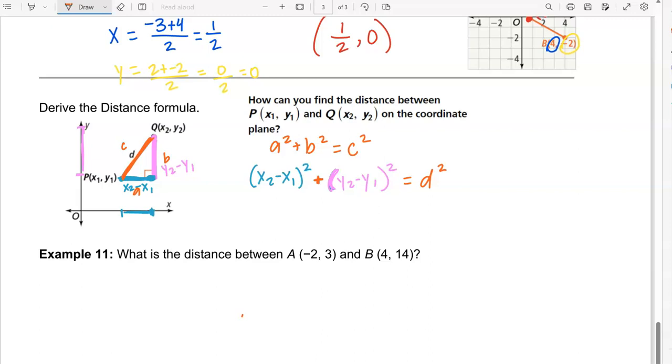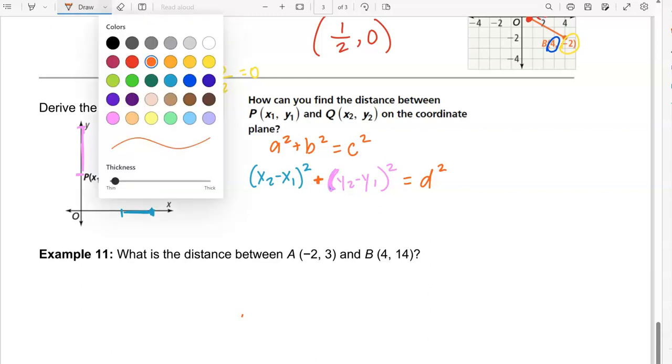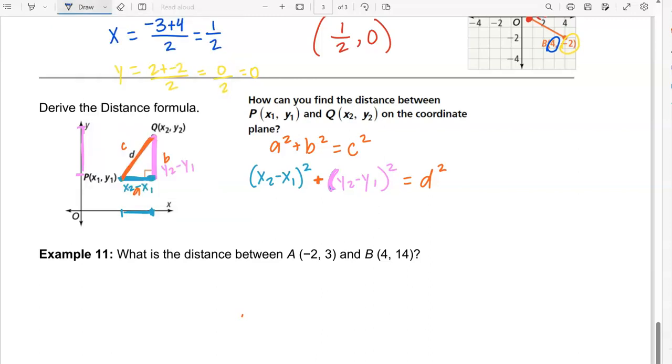Now, what if we wanted to find our distance completely by itself? We want distance to be alone. Now, what is the opposite of squaring something? What is the inverse of squaring something? That is the square root. So you can take the square root of that.